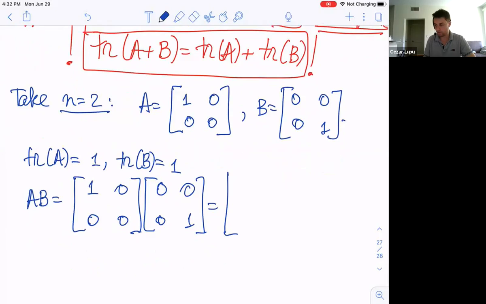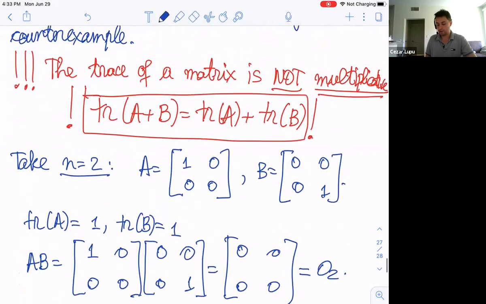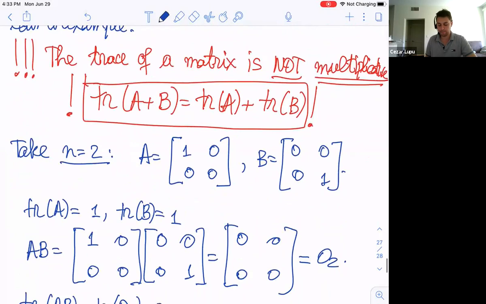Once you do the computations, this will give you 0, 0, 0, 0, the null matrix. And clearly trace of AB is the trace of the null matrix, which is 0.